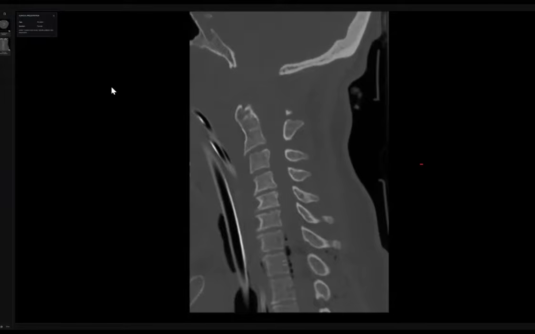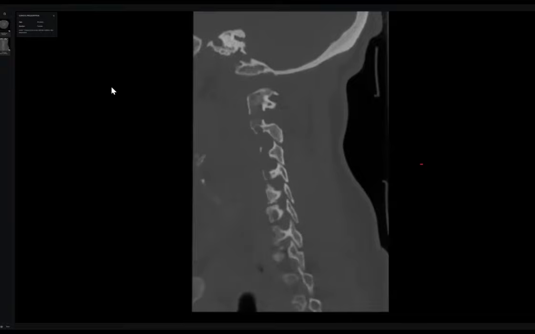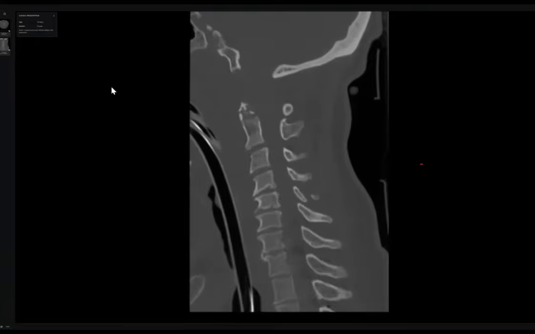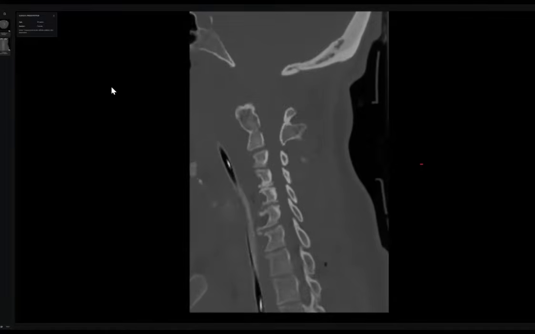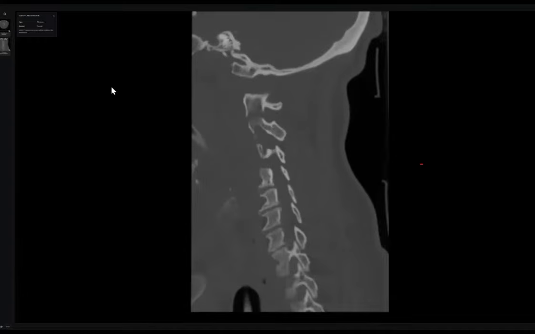Concerning for atlanto-occipital dissociation. And yes, I want to check if there is any fracture in the odontoid process. Yes, there is a fracture in the odontoid process as well as the posterior elements of C2 vertebra.